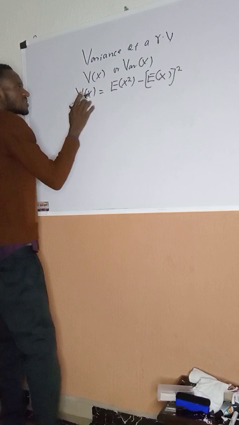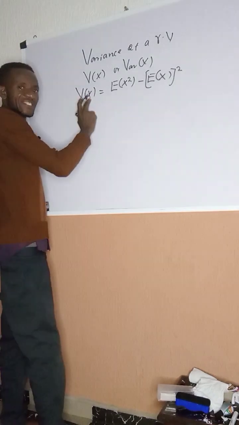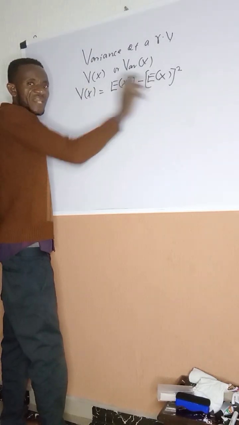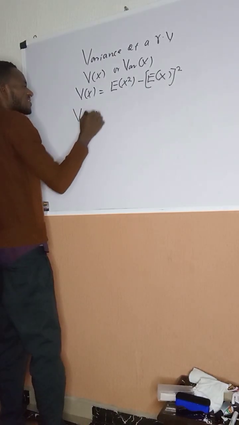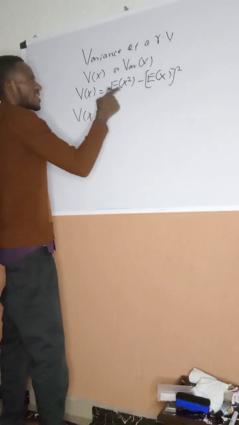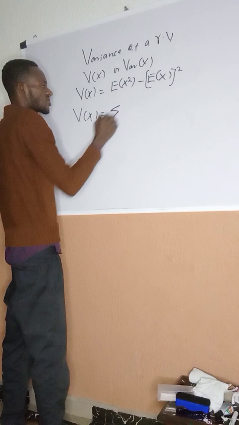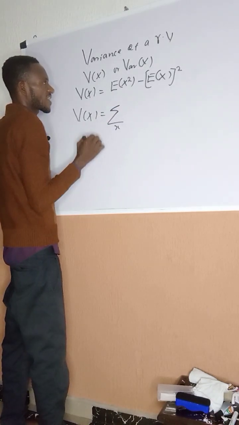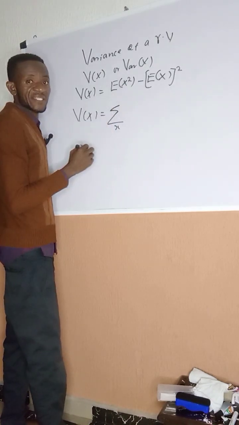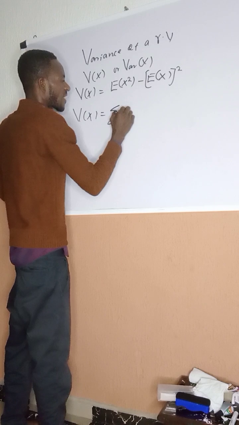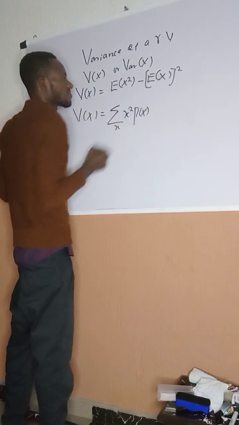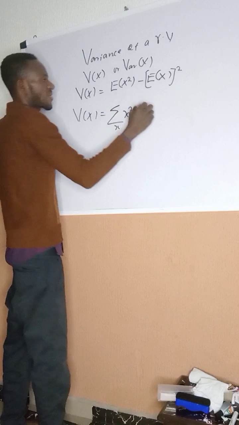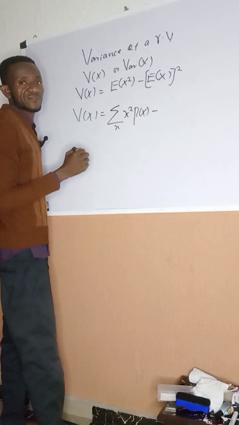So when this random variable X is discrete, this variance will be expressed as this. That V of X is given as summation over the range of X. What we have here is X raised to power 2, so I will equally write X raised to power 2 P of X. The sign here is minus, so I'll have minus.